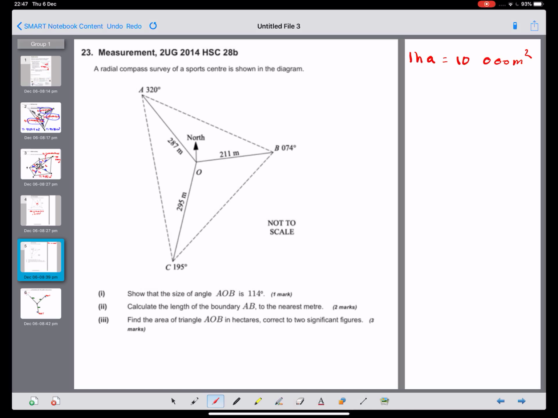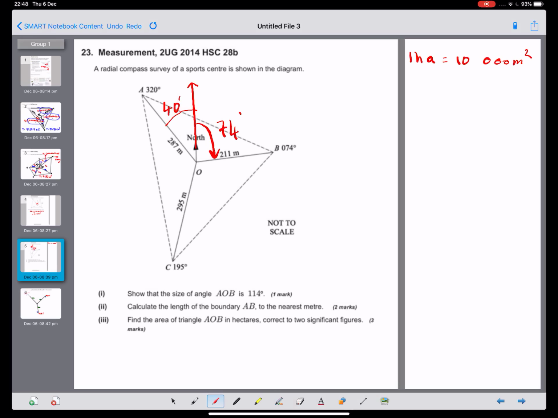Okay, so we just did this. Let's extend this north. We know that this is going to be 74, and we need to add something to this 320 to get to 360, and that's going to be 40.